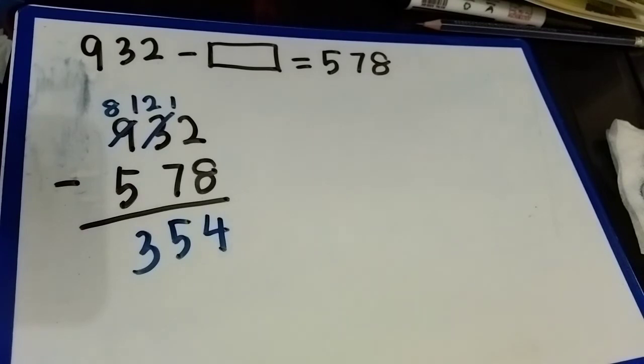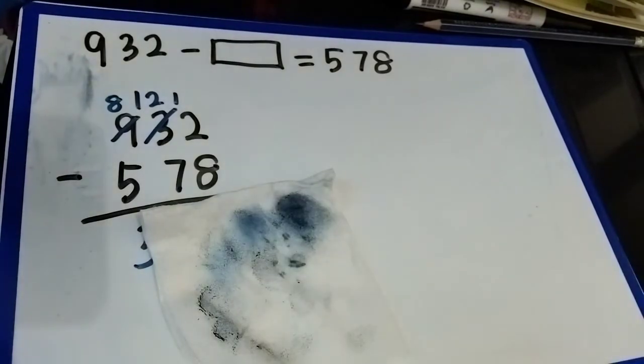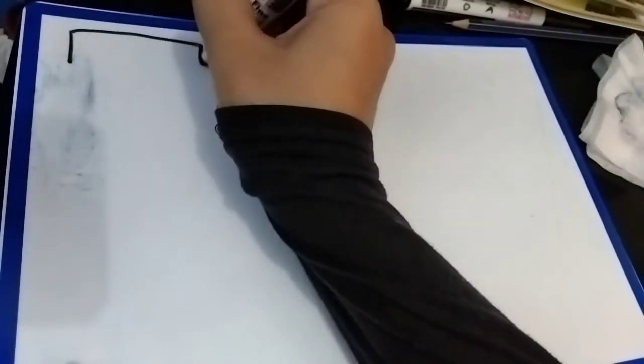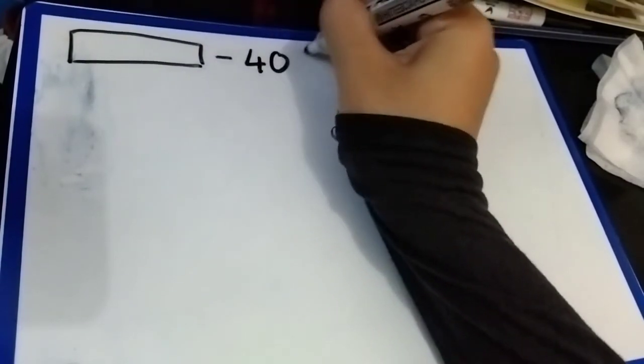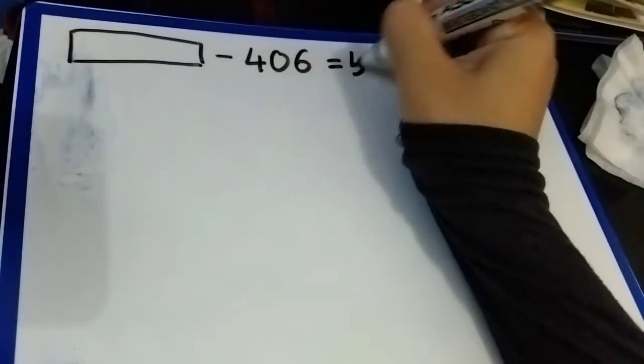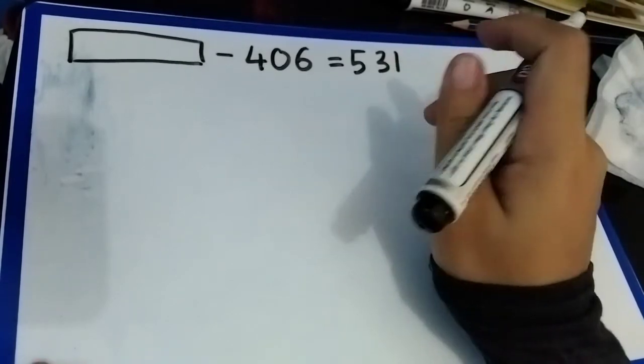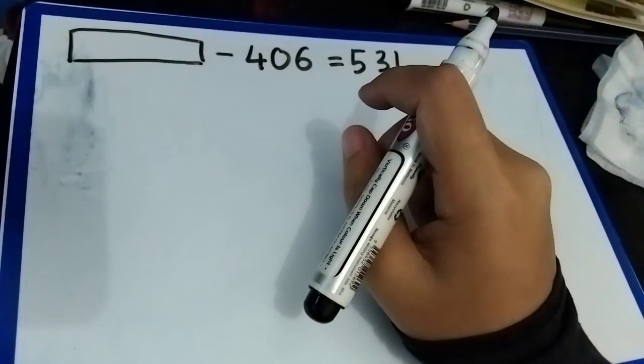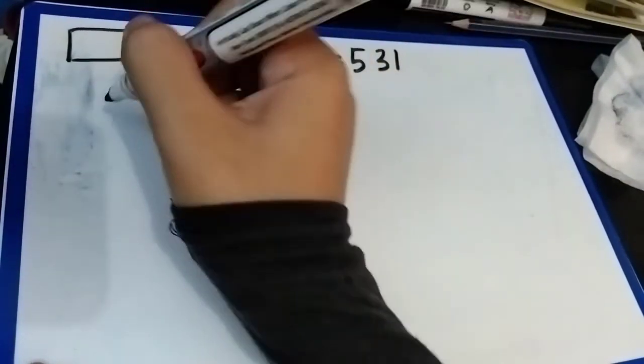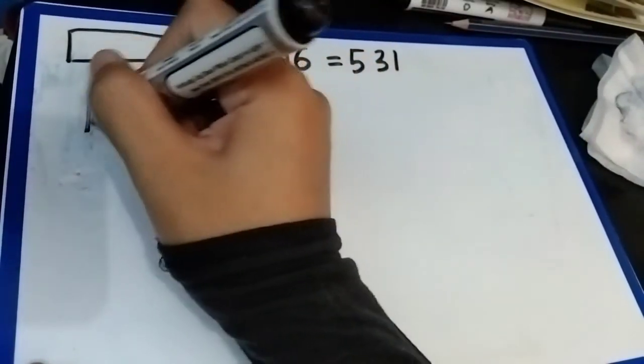And then another method that we are going to learn to solve this type of question is, for example, the unknown number is the first, a blank number. A number minus 406 equal to 531. So how are you going to find the first number? In this type of question, you have to, okay, look at this.